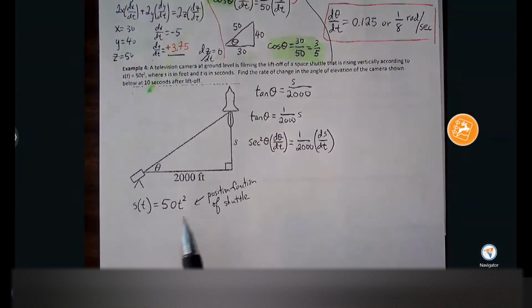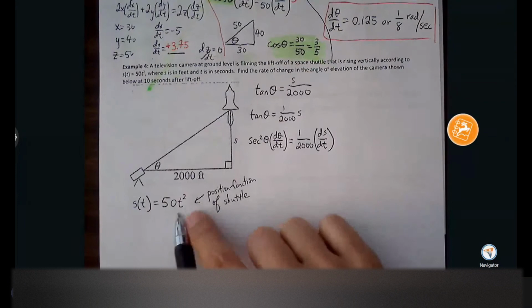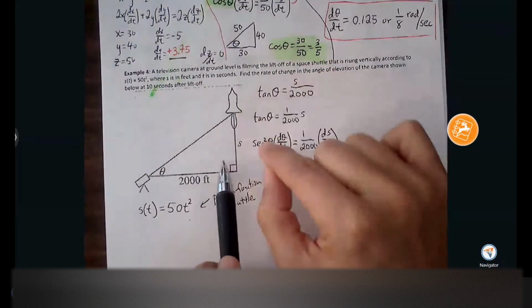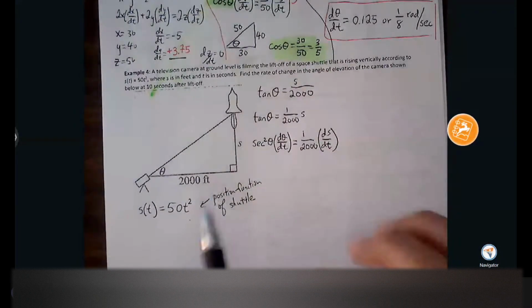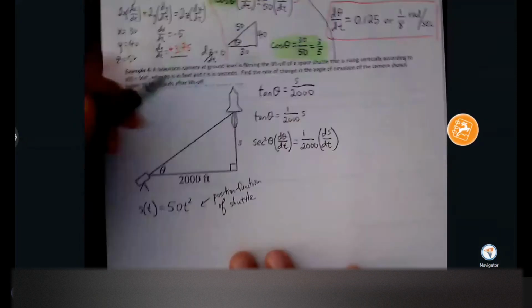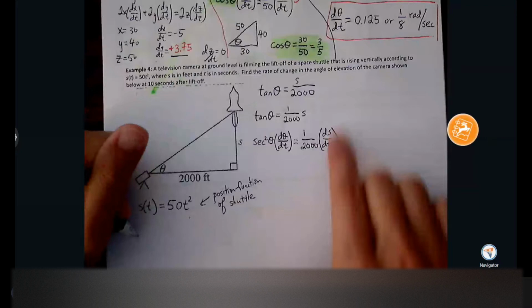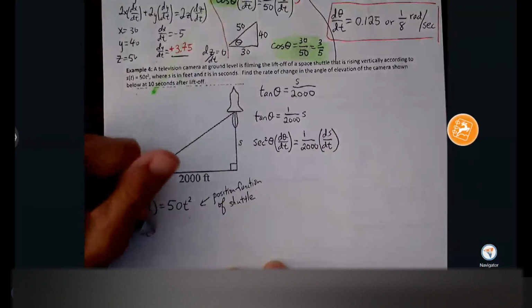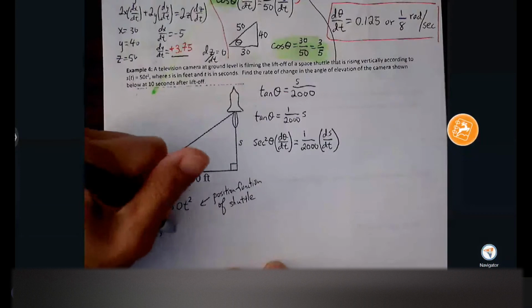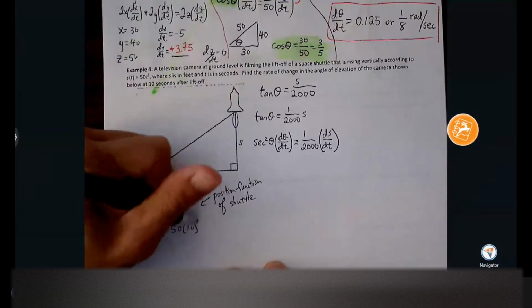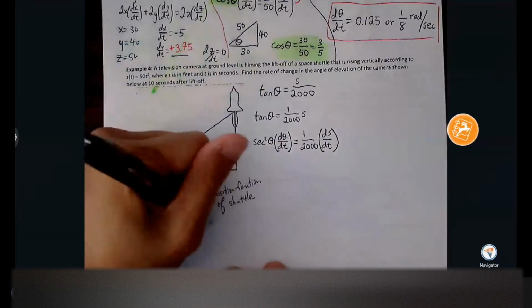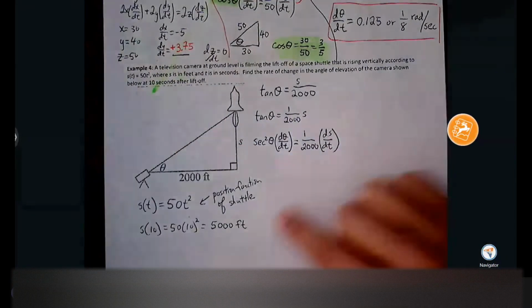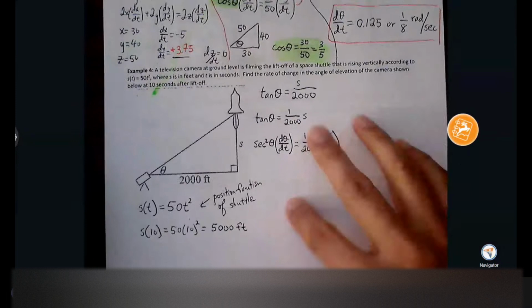Ten seconds. 10 seconds, right? So if I plug 10 in for t, I can figure out exactly how high the shuttle is off the ground at the moment in time, right? We're always focused in on a specific moment in time. And we have the derivative already, so we know that everything's already set to go. So I'm going to plug 10 in for my position. 50 times 100 is 5,000. So we're concerned about this moment in time when the shuttle is 5,000 feet off the ground.